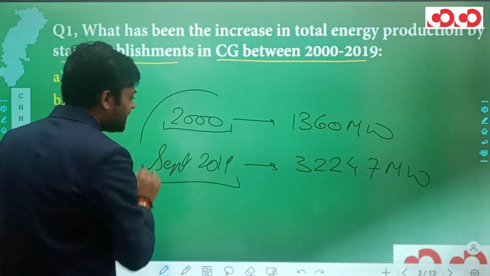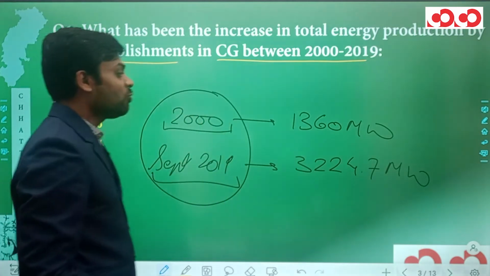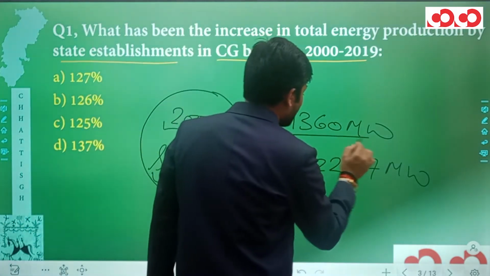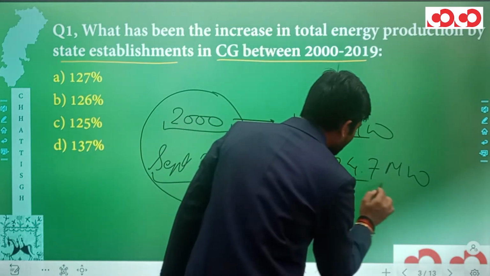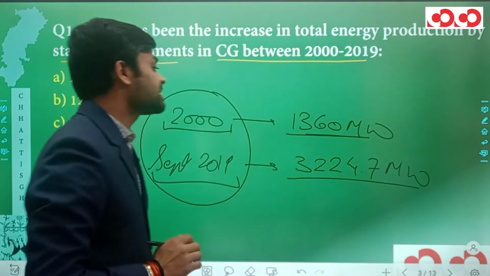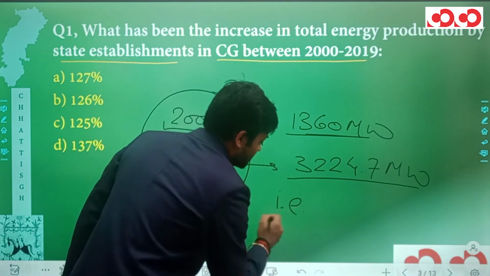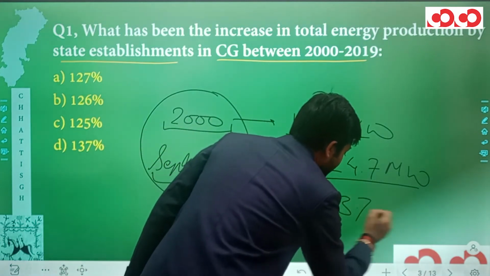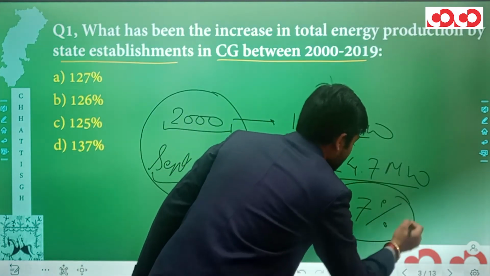So the increase between 2000 and 2019 was from 1360 megawatts to 3224.7 megawatts. That is somewhere around 137%.